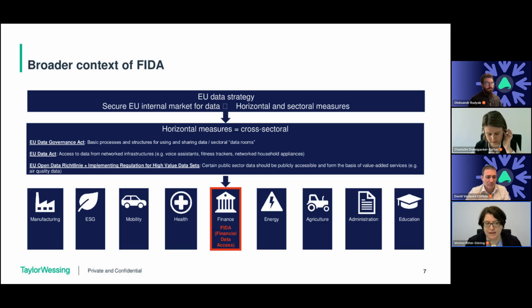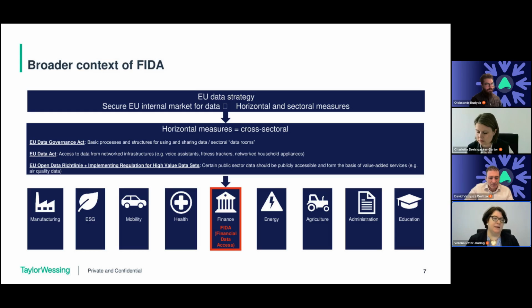Then we have the EU Data Act, maybe the most prominent one in this list. Since November 23, it is out there. It talks about access to data from network infrastructures. So it's also something which can be used in the sectoral measures, or basically lies on top of the sectoral measures.